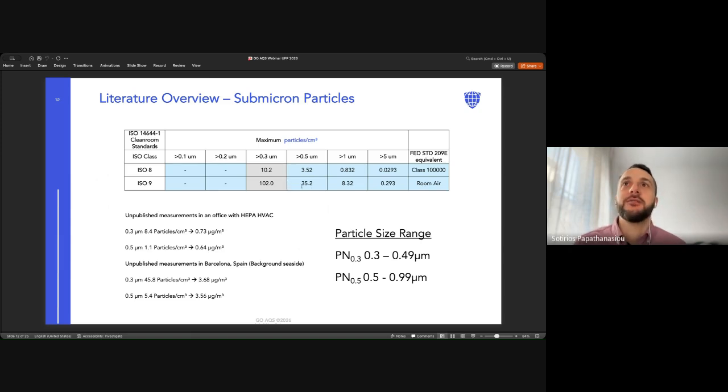For 0.5 micron, 3.52 particles per cubic centimeter, and for ISO 9, 35.2, and something similar for 0.3.